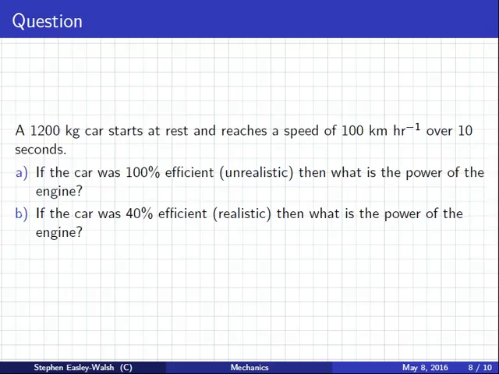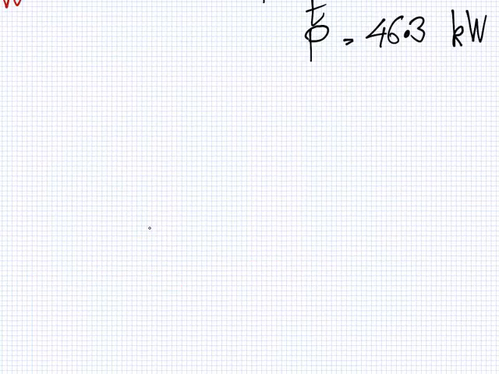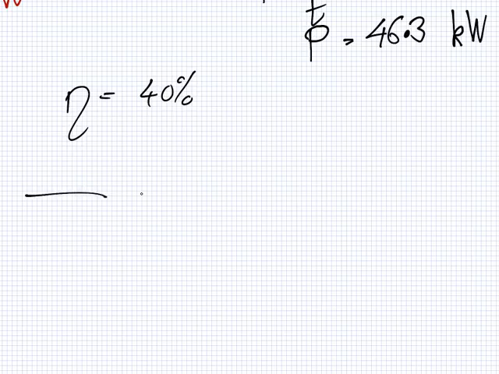It's like the last one I did. In A, it's 100% efficient. No energy is wasted. In B, only 40% of the energy is useful and 60% is wasted. I got 1852. Yeah, that sounds about right. So, efficiency equals useful power out over power in times 100%, equals 40%.